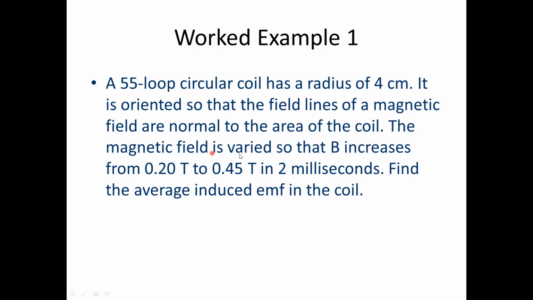The magnetic field is varied so that B increases from 0.20 Tesla to 0.45 Tesla in 2 milliseconds. Find the average induced EMF in the coil. So you get your exercise book, your notebook and your biro, and let's solve this together.